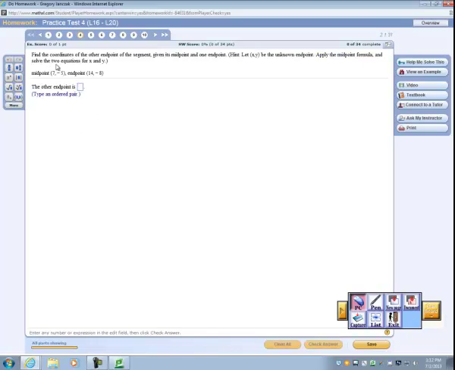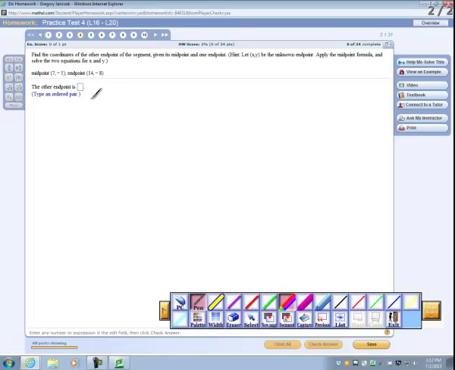Okay, find the coordinates of the other endpoint in the segment given the midpoint and one endpoint. All right, it helps here to start with your equation. Okay, we have our midpoint and our endpoints.